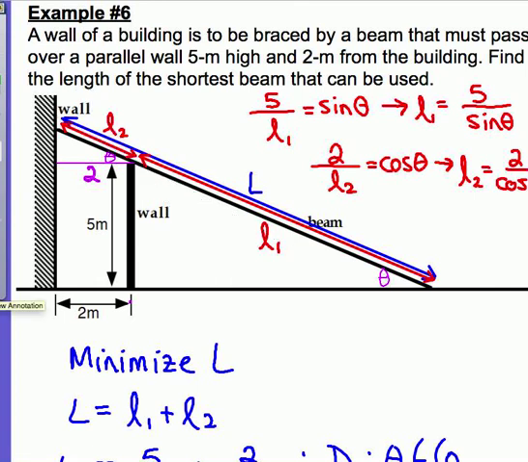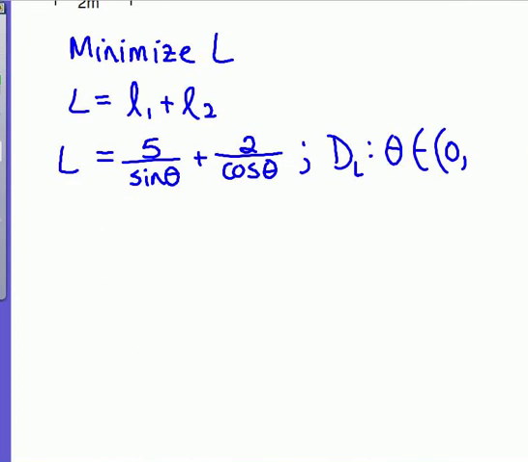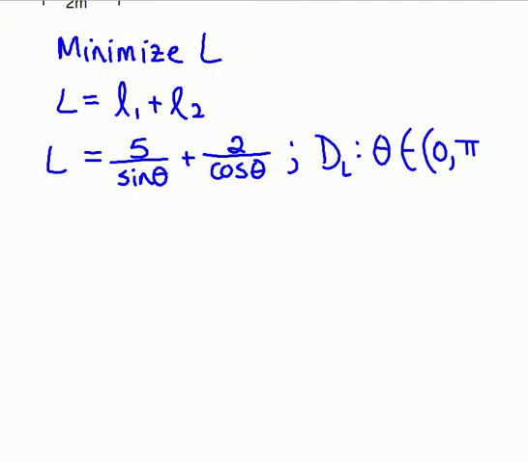It would never get to 90 degrees because in order to get to 90 degrees, it would run parallel to this wall and would never actually touch this wall. But it can get as close to 90 as we want to make it. And so theta is constrained to be between 0 and pi over 2 radians.